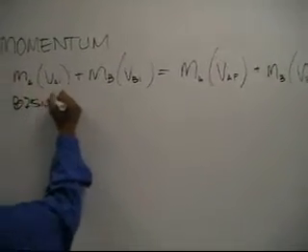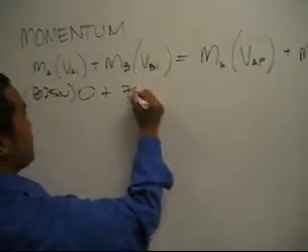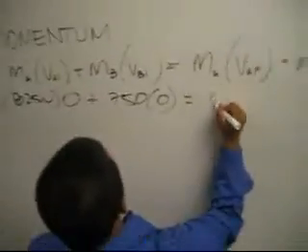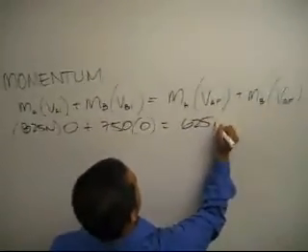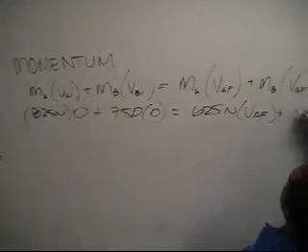625 newtons times 0 plus 725 times 0 equals 625 times V A final plus 725 times 1.5 meters per second.